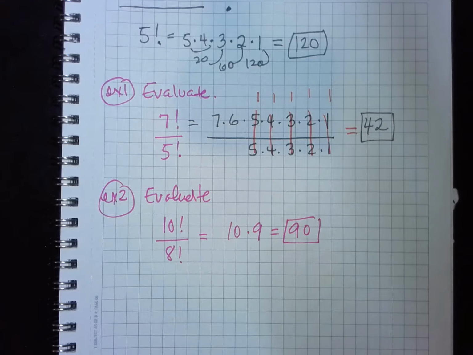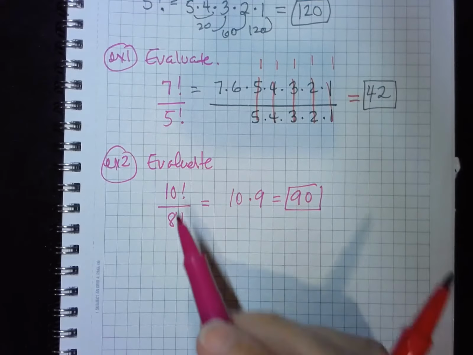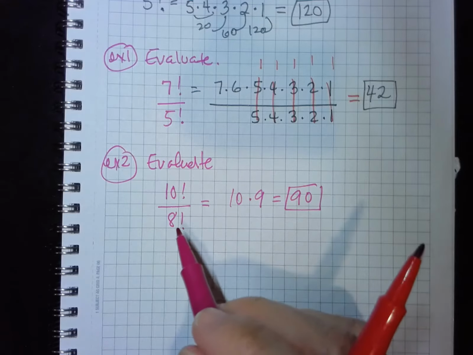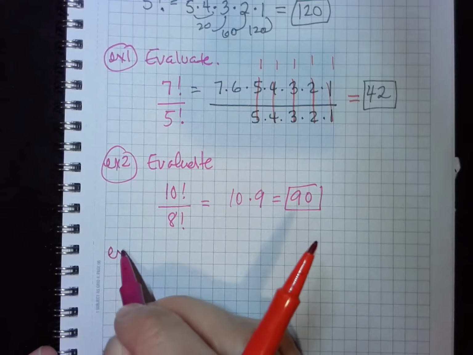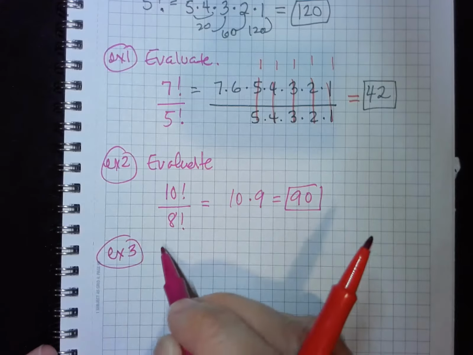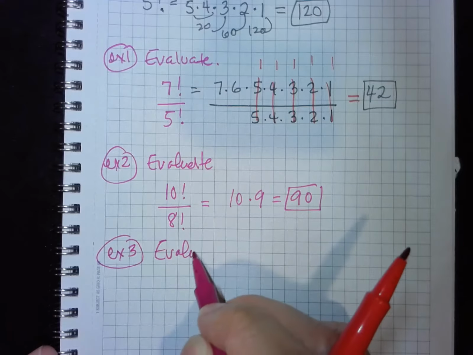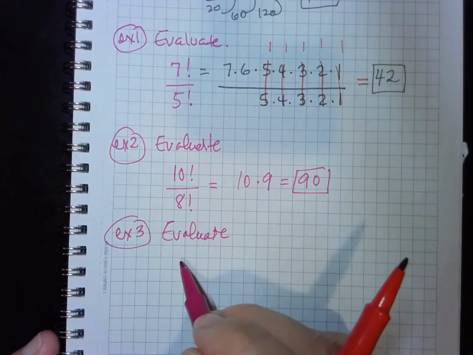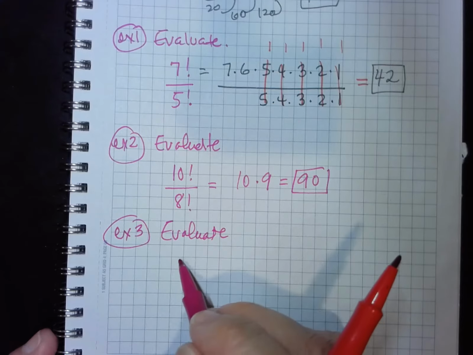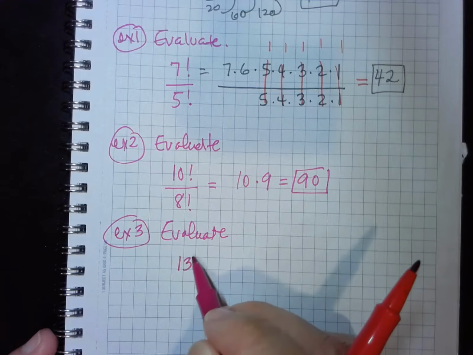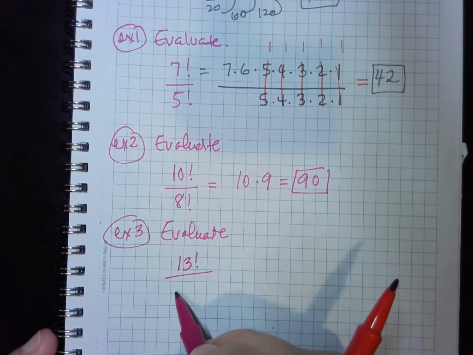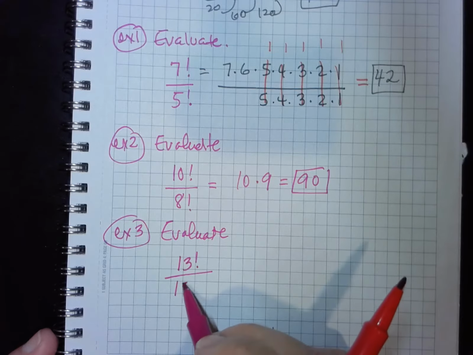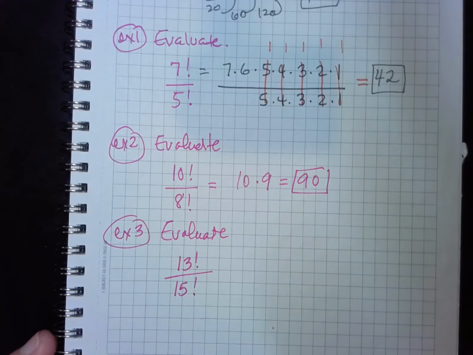So the next question is, what happens if I have a bigger number on the bottom and a smaller number on the top? You've kind of seen this before in some of your other work. So suppose I had, let's say, 13 factorial over 15 factorial.